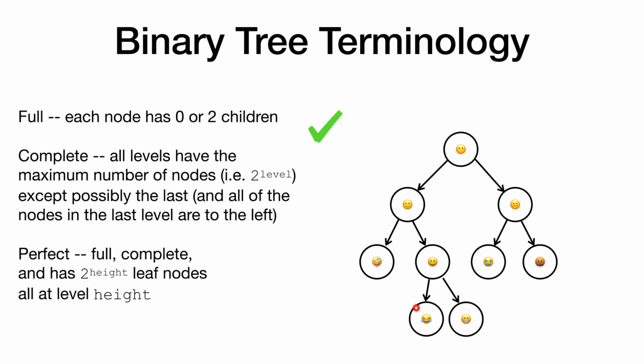And in the last level, all the nodes have to be to the left. Well, that's no longer true, because these nodes are not all the way to the left. So it's not complete. And can it be perfect if it's not complete? No. So it is full, but it's not complete and it's not perfect.